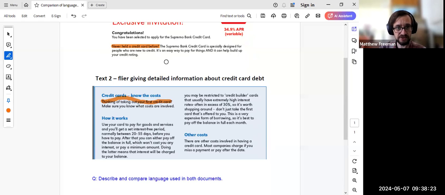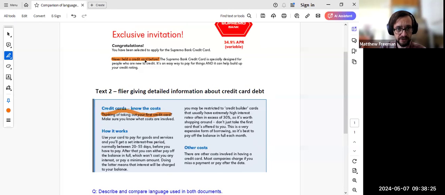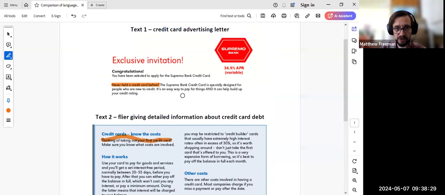So, for instance, if we read on after "never held a credit card before," we can see the advert is telling us this would be the perfect credit card for you. So I would argue this rhetorical question is designed to get the reader thinking, oh, okay, that's me, I've never had a credit card before, so maybe this is the one I should go for.